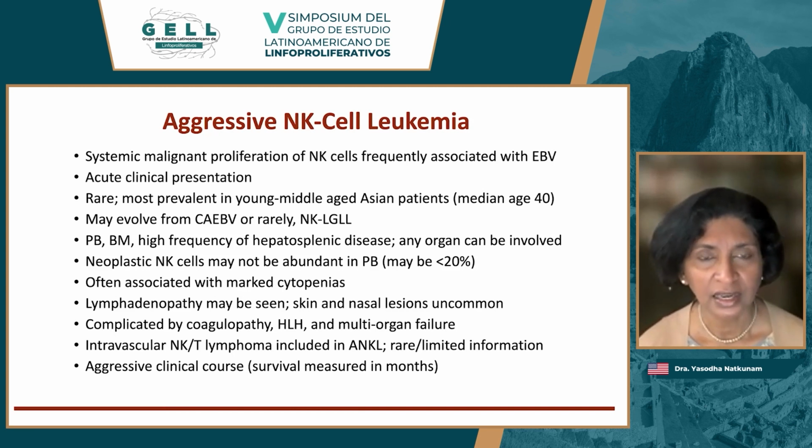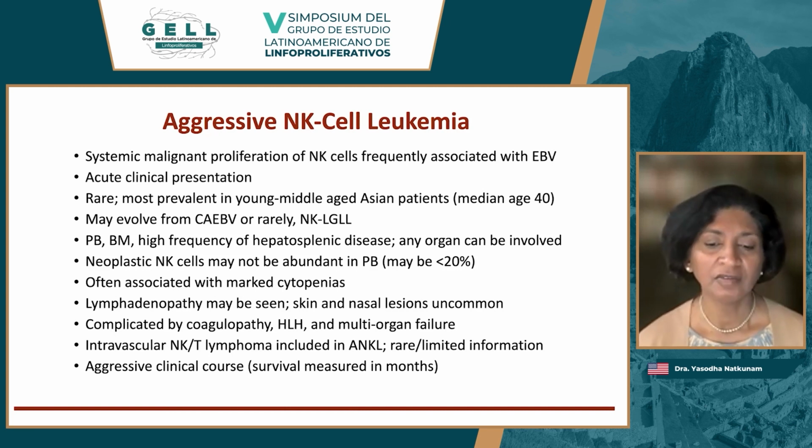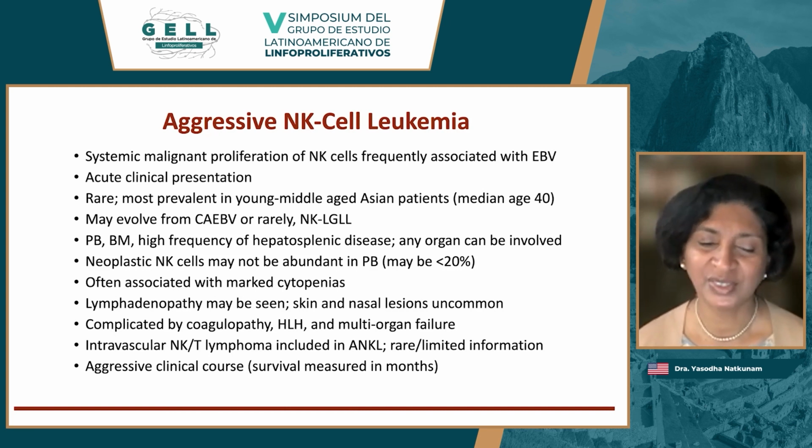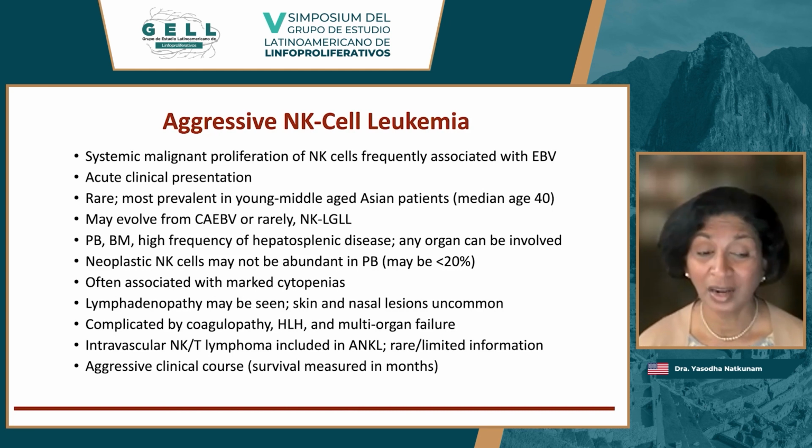Skin and nasal lesions are usually very uncommon. This aggressive leukemia can often be complicated by hemophagocytic lymphohistiocytosis, coagulopathy, and multi-organ failure, and patients can rapidly deteriorate.